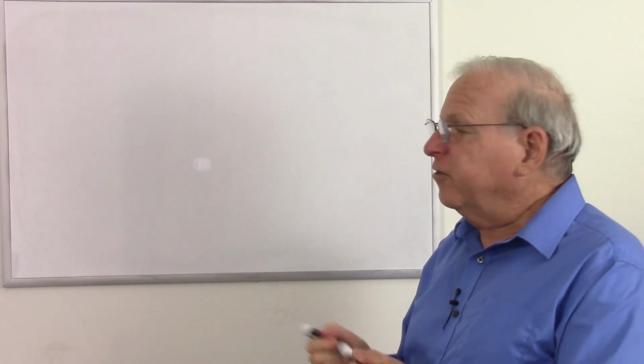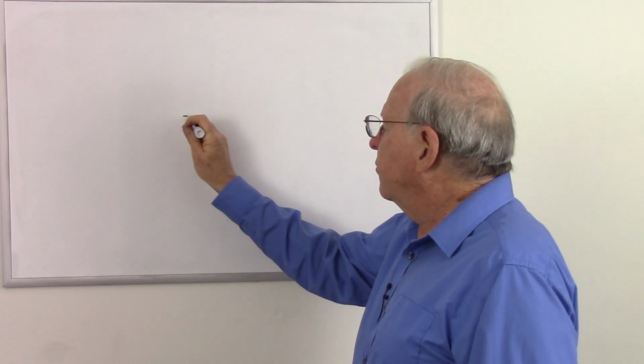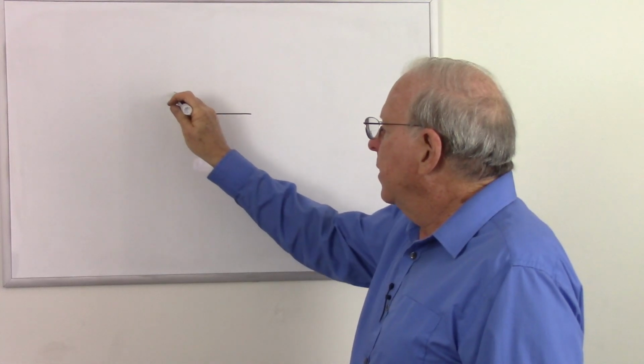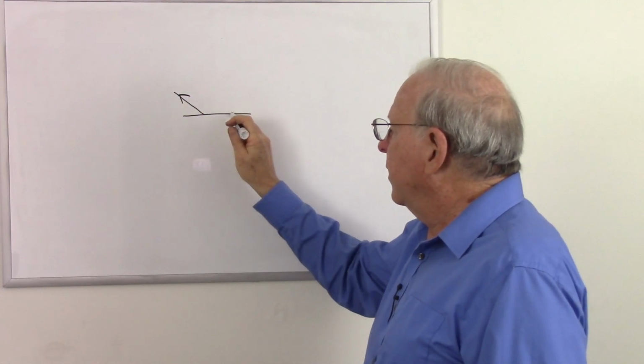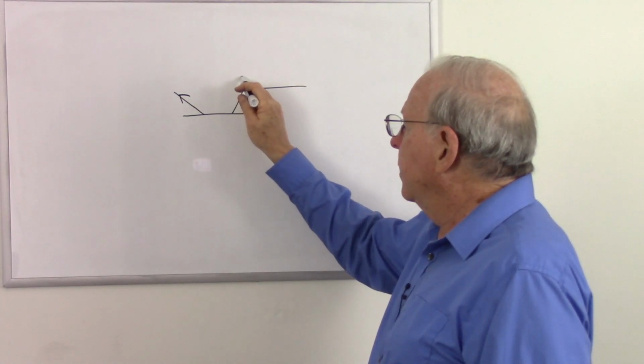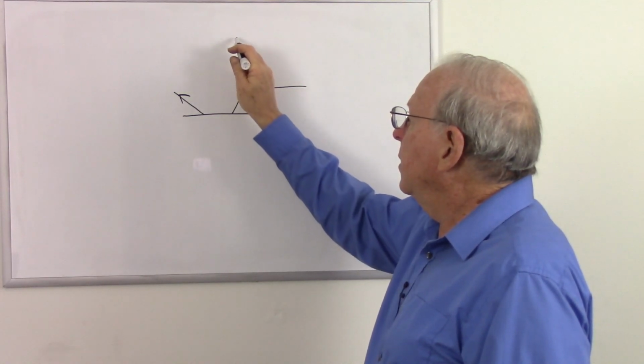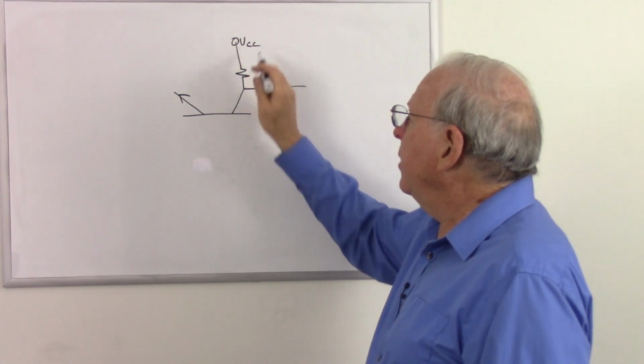So let's look at the third configuration, and that of course is the common base. So let's draw our NPN transistor here. I'm going to put the emitter over there and the collector over here to our VCC.